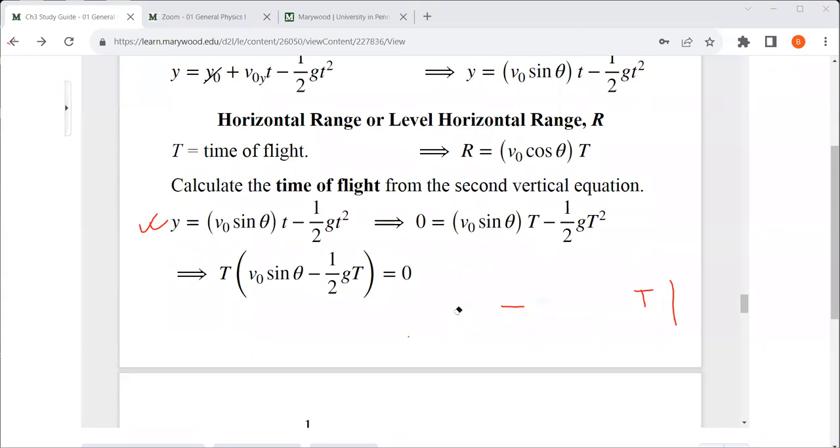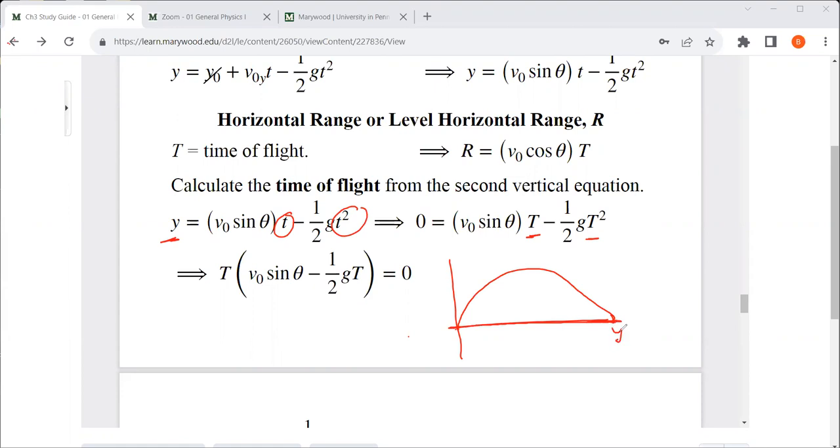So how do we calculate the time of flight? Here I replace t by capital T and t squared by capital T squared. But how do I write y equal to 0? y0 is already 0, and this y is the final vertical position.